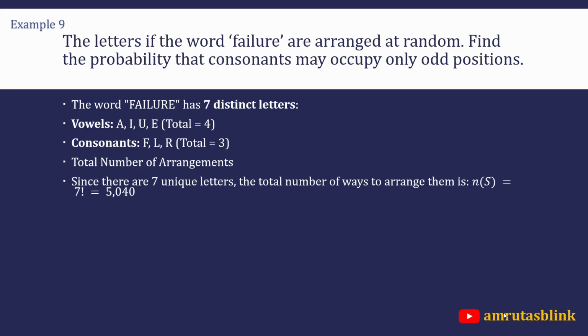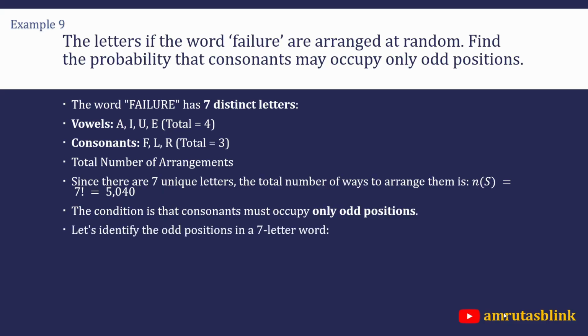Since there are 7 unique letters and nothing is repeated, the total number of ways to arrange them, that is n of S, is equal to 7 factorial, which is equal to 5040. Now let's move to the actual required arrangement of the letters. What we need to find out is the probability that consonants may occupy only odd positions.